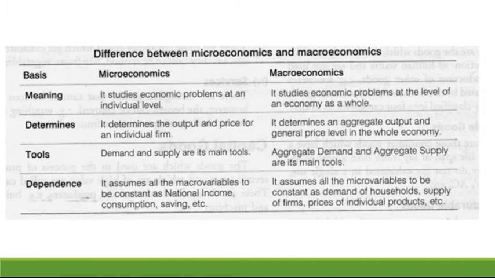Next is on the basis of tools. In microeconomics, demand and supply are the main tools, whereas in macroeconomics, aggregate demand and aggregate supply are the main tools. Last basis is on the dependence.